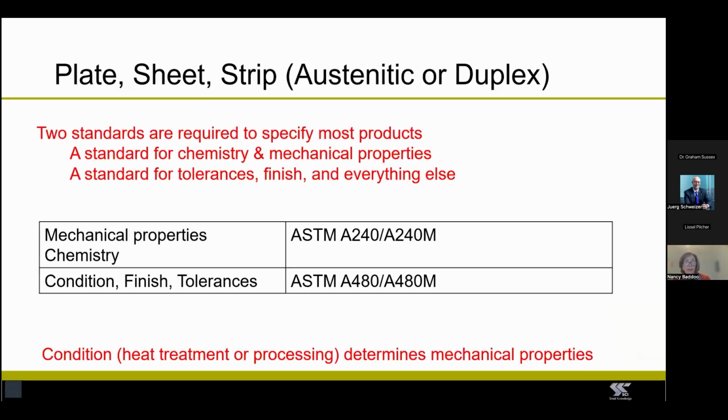So what are the product standards? Generally, if you're using ASTMs, you will need to use two standards to specify a product. One for the chemistry and mechanical properties, and the other for the tolerances, finish, and anything else. So I've put an example here of the standards you would need to specify plate, sheet, or strip.